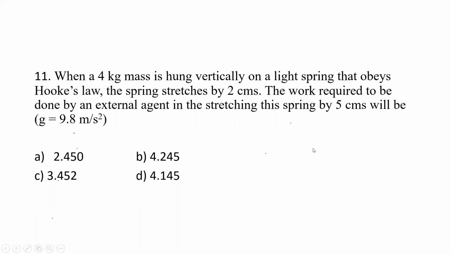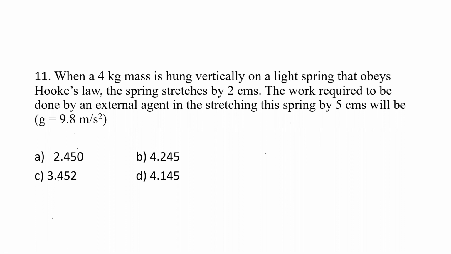Next question. When a 4 kg mass is hung vertically on a light spring that obeys Hooke's law, the spring stretches by 2 centimeter. The work required to be done by an external agent in stretching this spring by 5 centimeters will be.